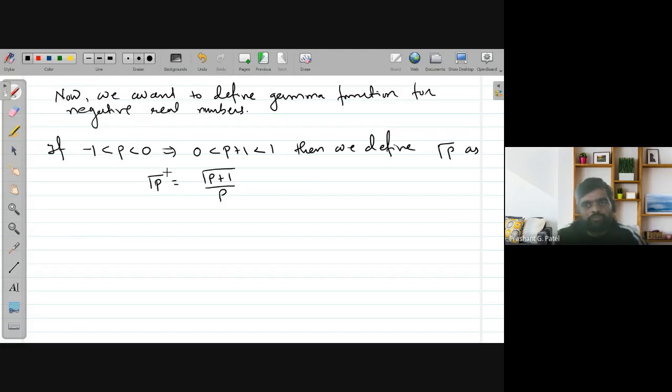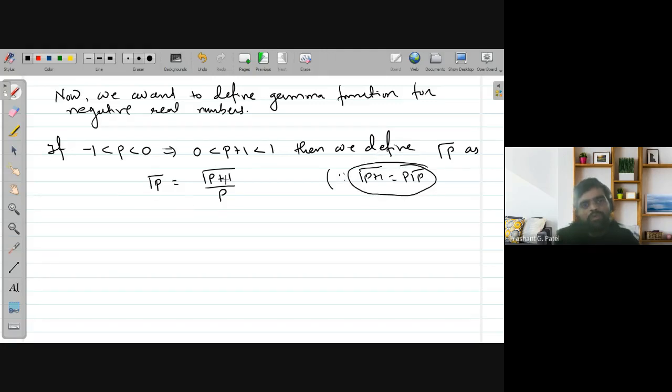And how have we defined this? Because we have gamma p plus 1 is p into gamma p. This is one of the properties. So using that property, we are able to define this.